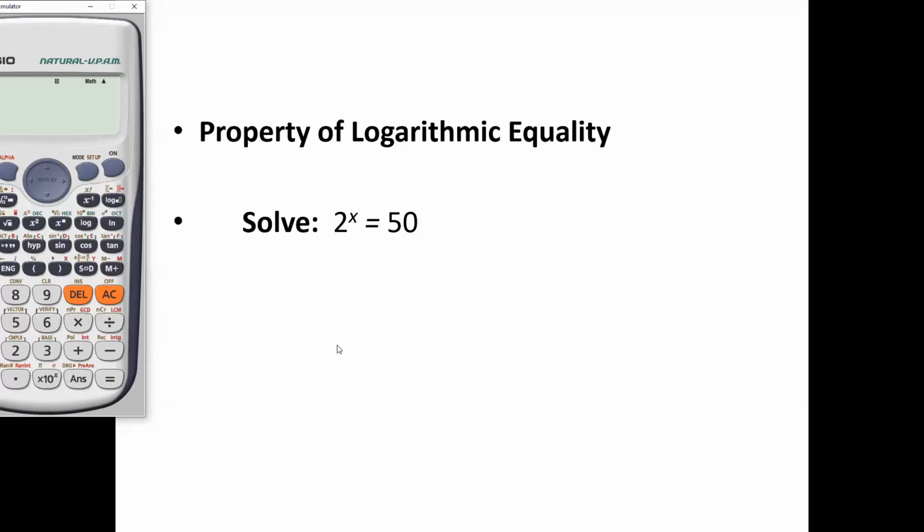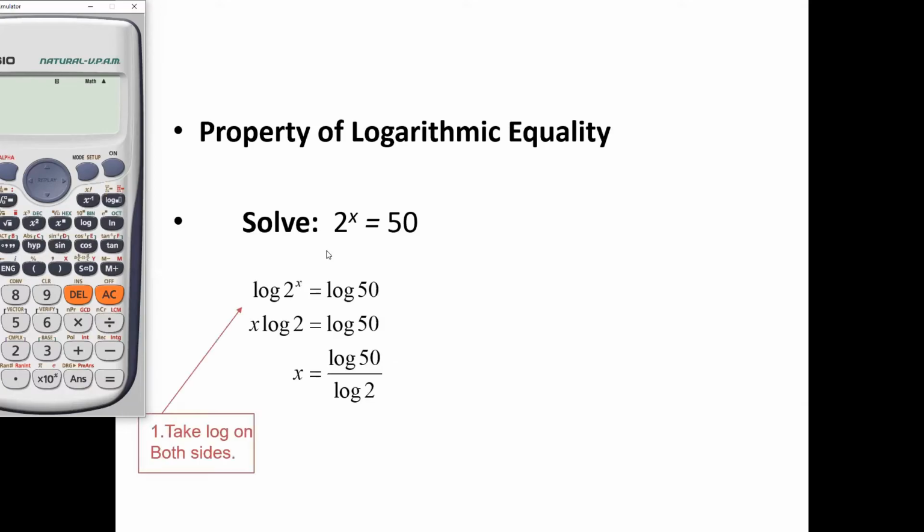And let's look at these. Now, 50 is not a power of 2. 50 is 2 times 25. So let's look what we did. We put a log on both sides of this. 2 to the x becomes log of 2 to the x. And this becomes log 50.